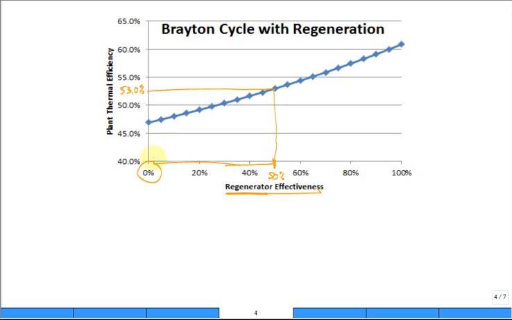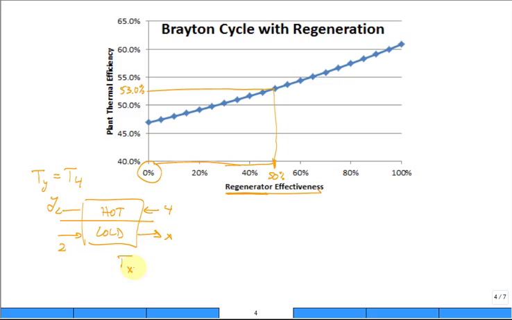It didn't transfer anything. Here's the hot side. It comes in at 4 and goes out at Y. What is the temperature at Y compared to the temperature at 4? It's the same. Likewise, if it comes in at 2 and goes out at X on the cold side, what is the temperature at X compared to the temperature at 2? It's the same. It's as if the regenerator wasn't even there.